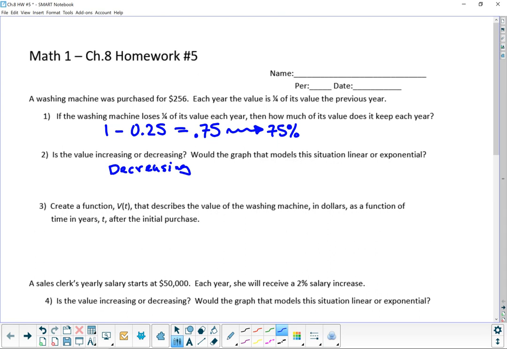Anytime you see something like this where it's not the same every year, okay, it loses one fourth, but each year it's a fourth of what that year is. It's not losing $4 or 10 or 20. It's actually a fourth of it. So it's exponential. So this is going to be an exponential graph. Decreasing means you get an exponential decay.